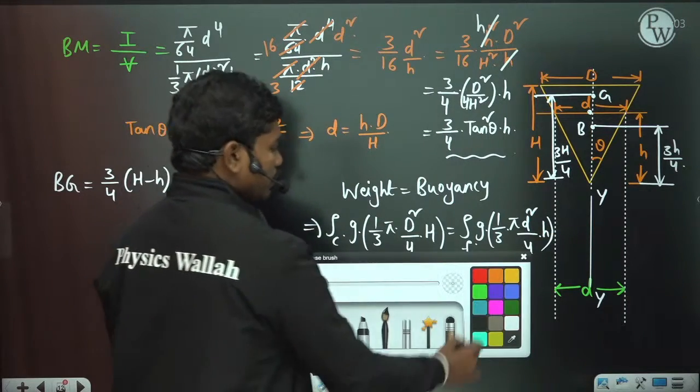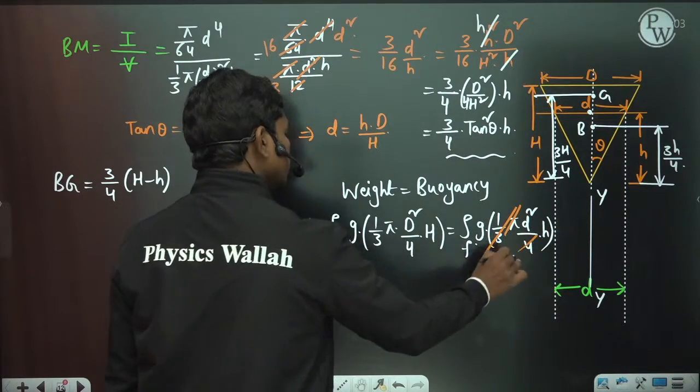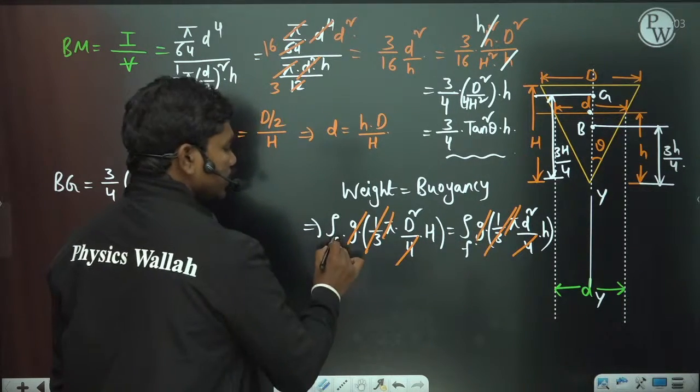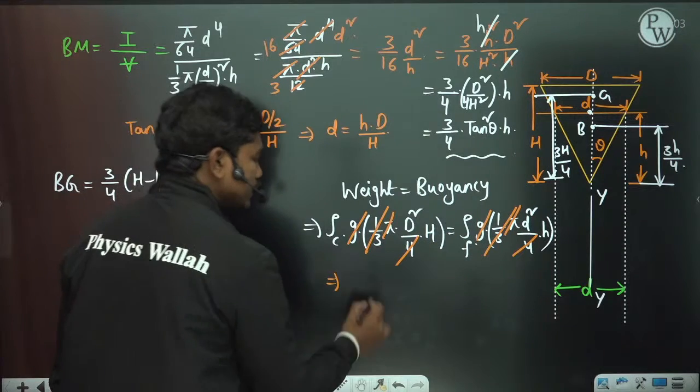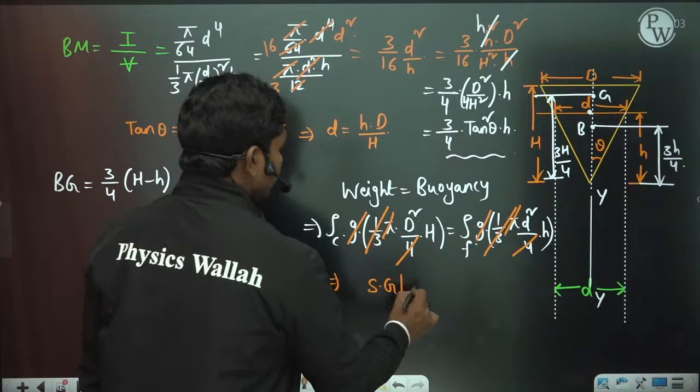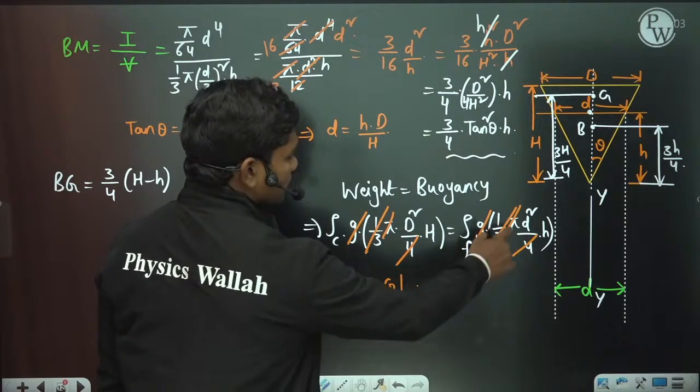Okay, so now if you simplify this, 1/3 pi by 4, 1/3 pi by 4, g gets cancelled. So this implies density of cone divided by density of fluid, this gives you specific gravity of cone. So specific gravity of cone into d square capital H is equal to d square small h.